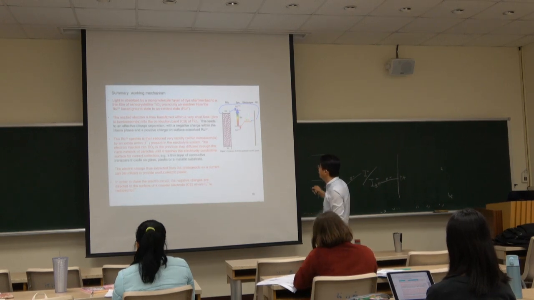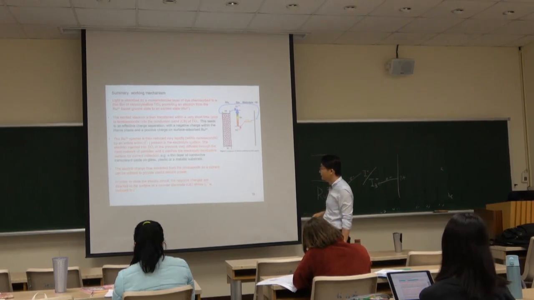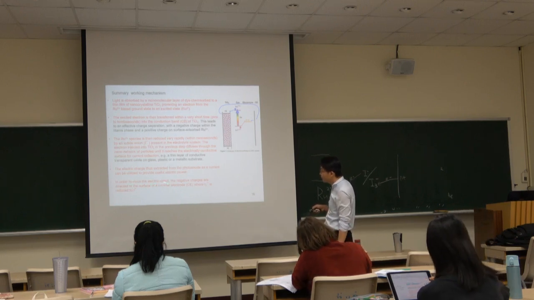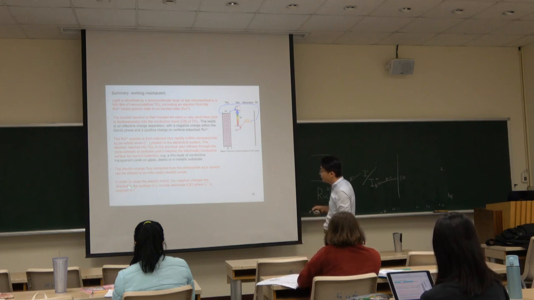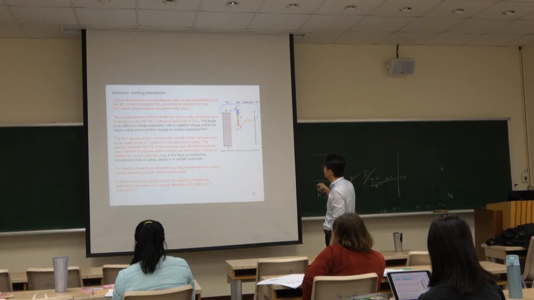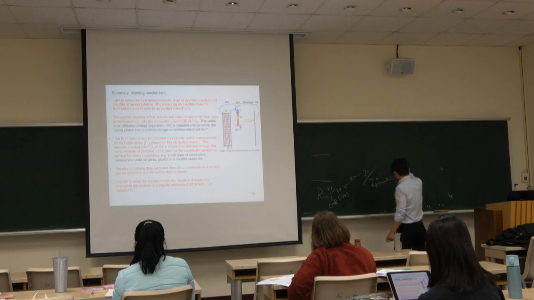Okay, and then finally reach the complete state. So you can see, in order to cross the circuit, the negative charge goes directly to the surface of the contact electrode, the CE. Here is the CE, where I3 minus is reduced to I minus. That means here, the PT, right?